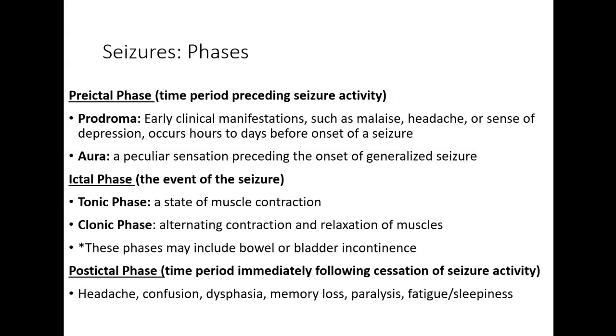Malaise, headache, sense of depression. Hard to tie that to a seizure coming on, but in retrospect, after the seizure, a lot of times we can look back and go, oh yeah, I get it now. And then an aura is a peculiar sensation preceding the onset of a generalized seizure, usually within minutes of the seizure occurring.